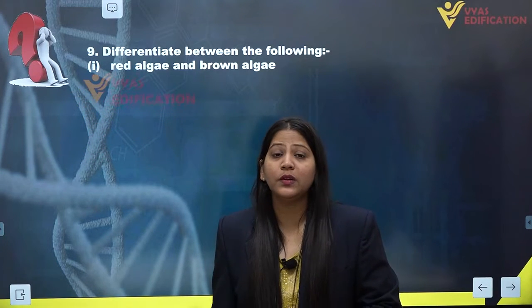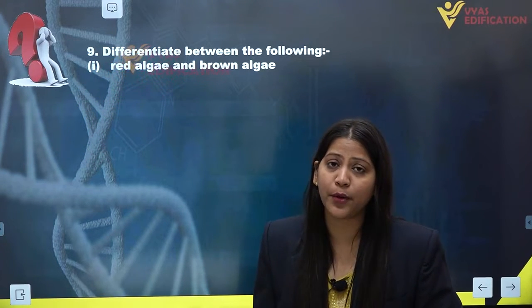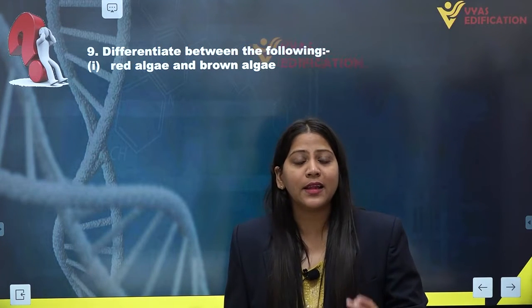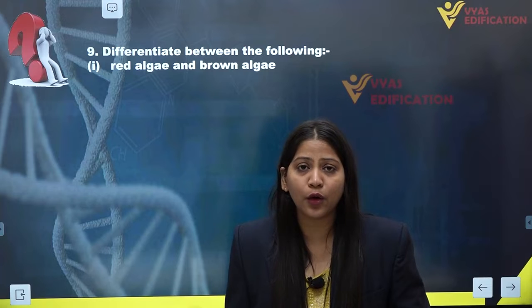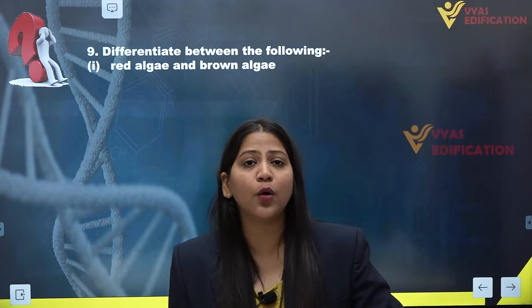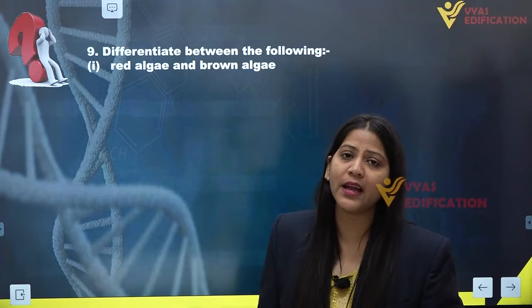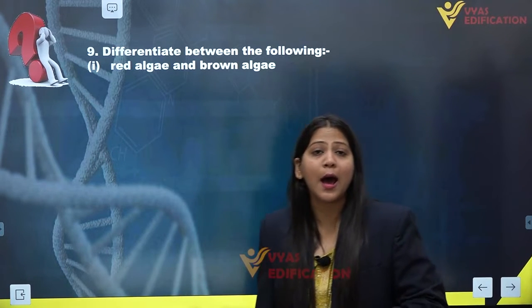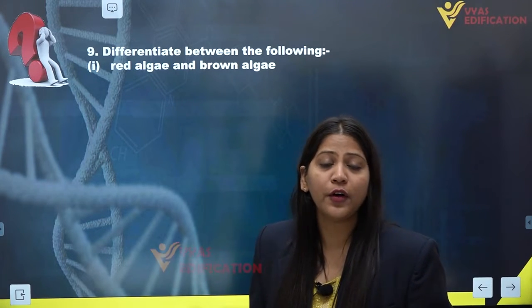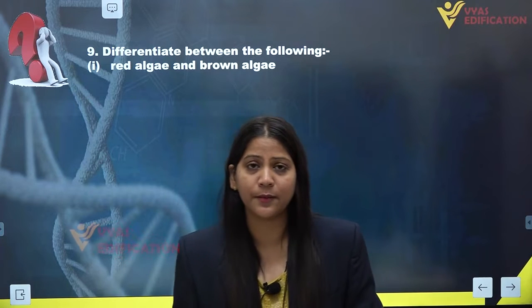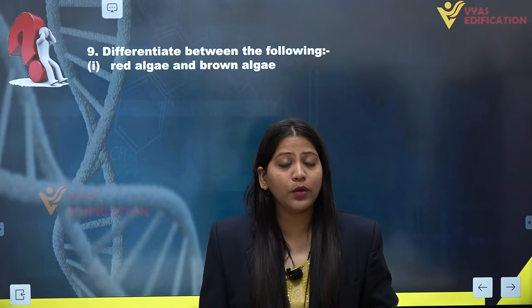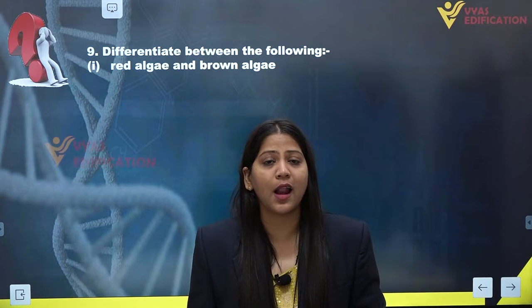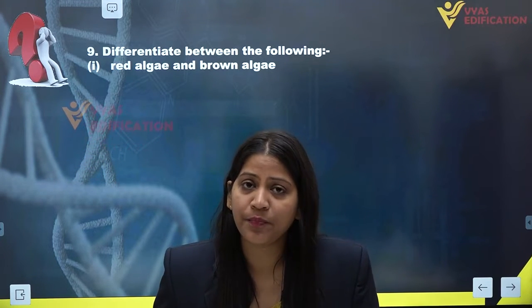If we talk about the chlorophyll pigments present in red algae or Rhodophyceae, then they contain chlorophyll A, chlorophyll D and phycoerythrin. Flagella are absent in the members of red algae or Rhodophyceae. Whereas if we talk about the brown algae, then brown algae are grouped under the class Phaeophyceae.